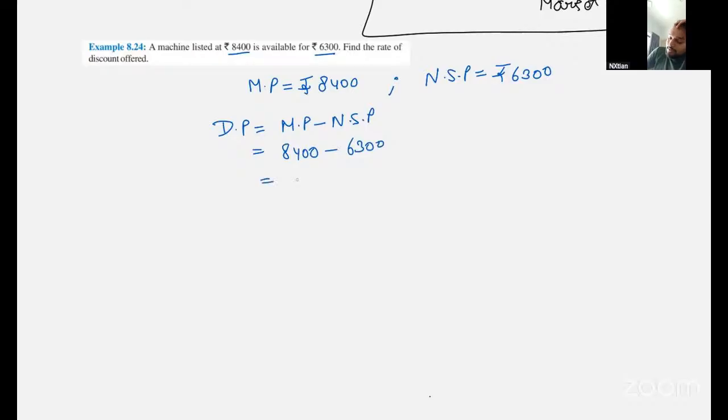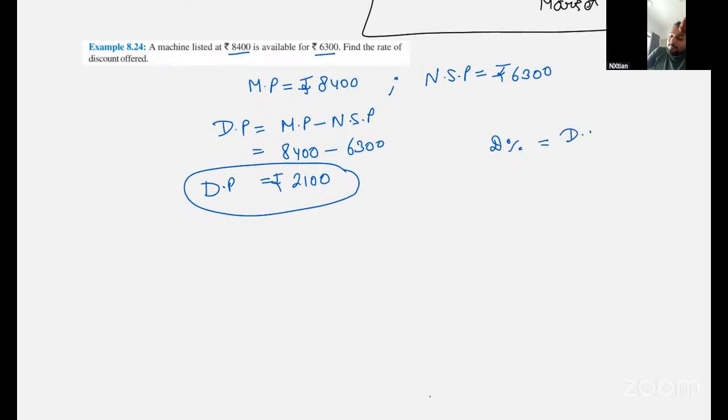2,100. Am I wrong? Then what is the formula of discount percentage? Discount percentage is DP upon MP into 100. Now the DP is 2,100 and the MP is 8,400, into 100.